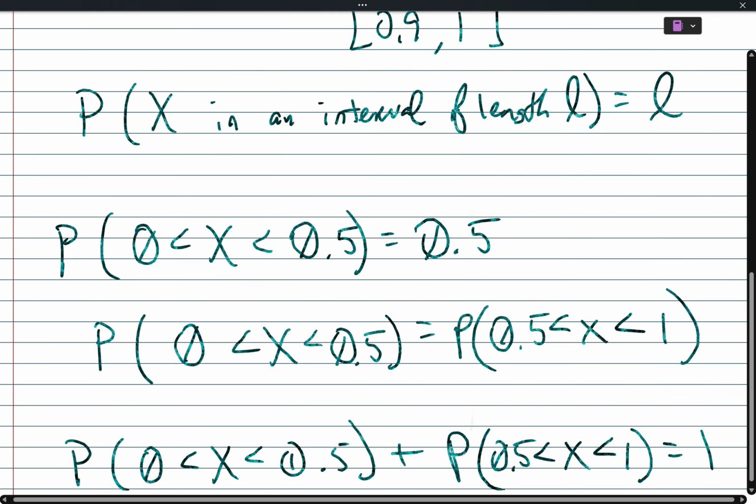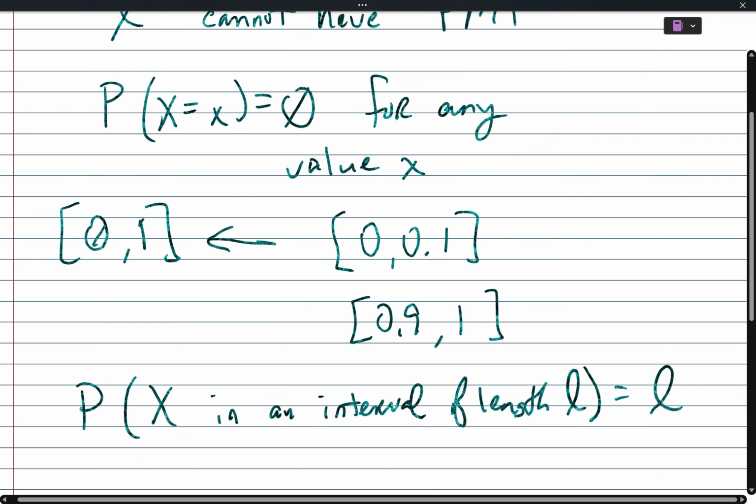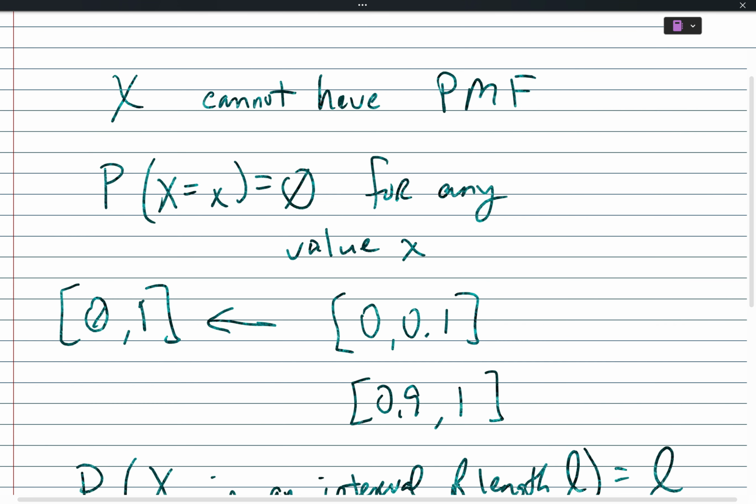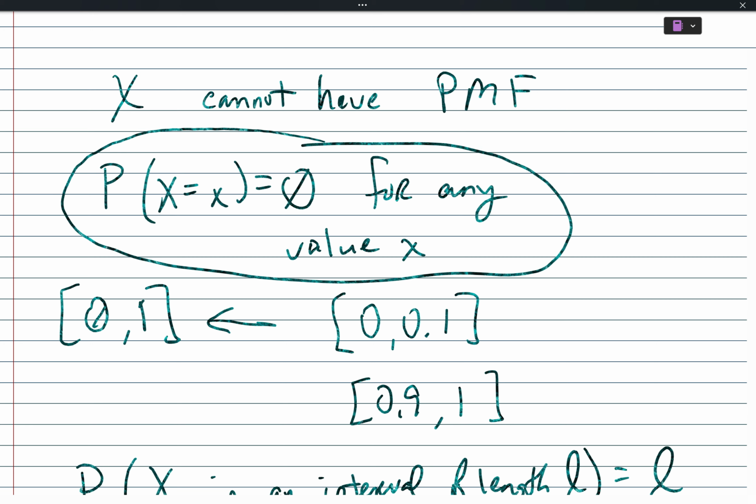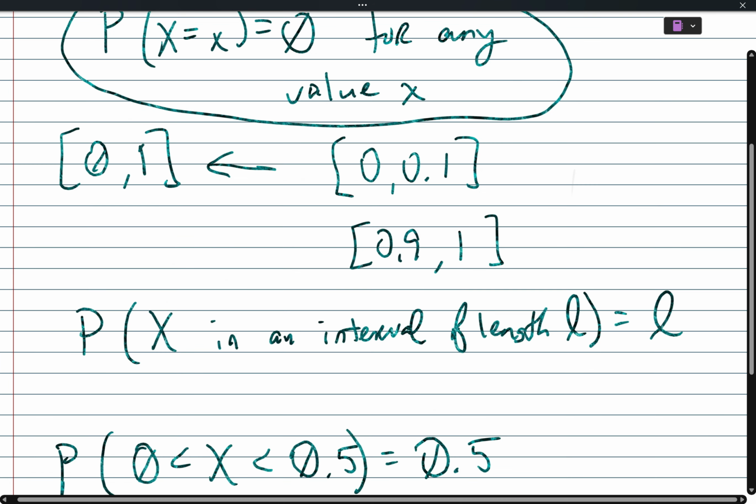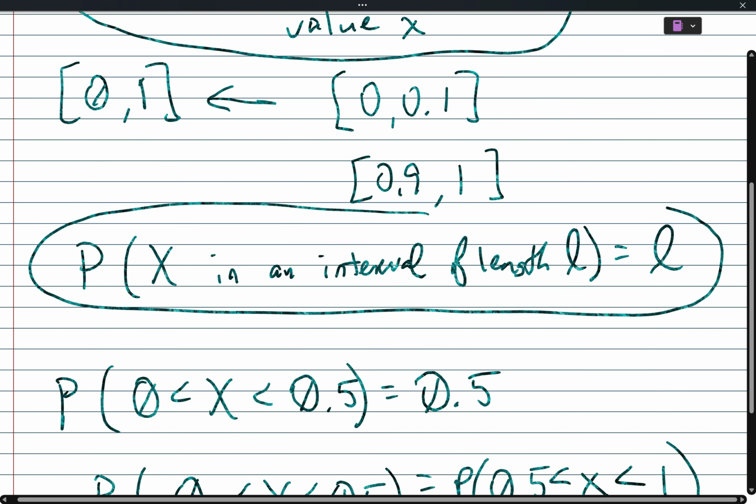Let's go back to the first relation that I gave, right here, and the second relation, right here.